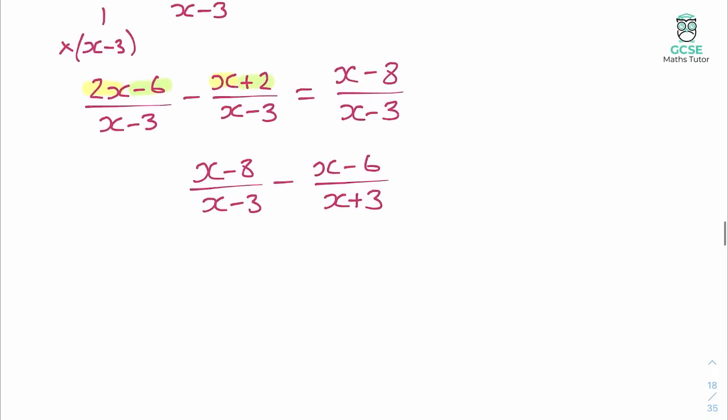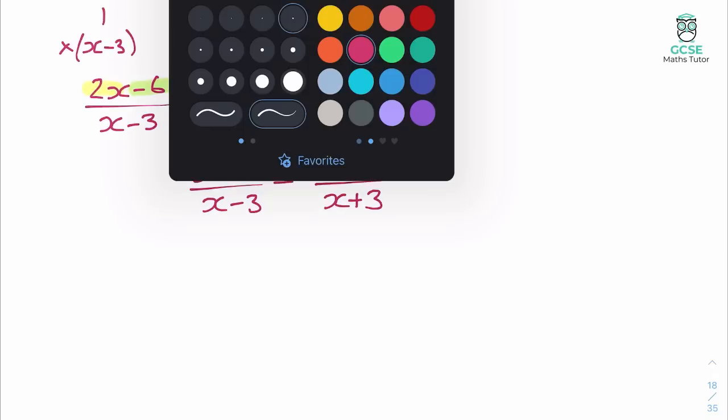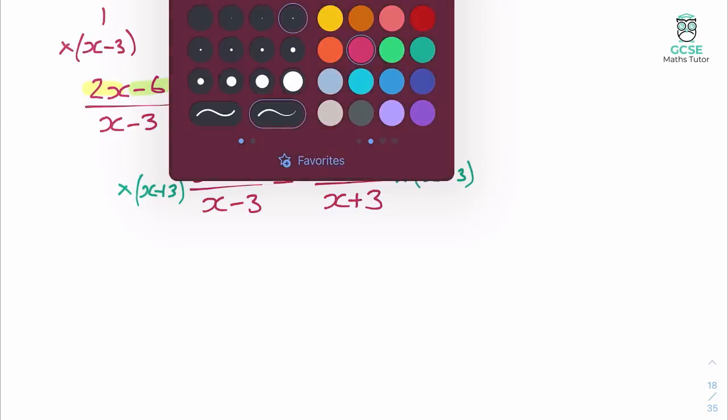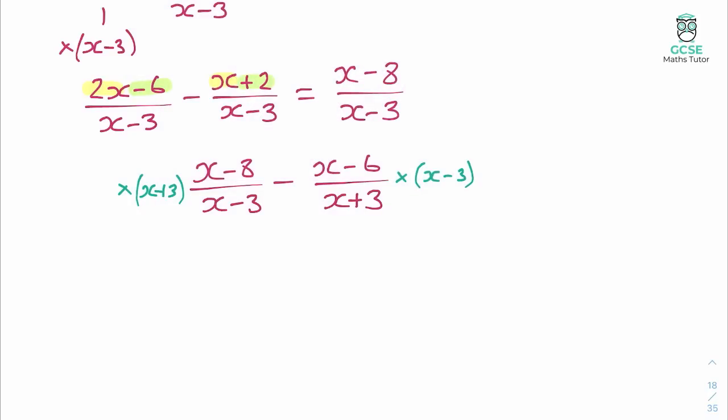Okay, so let's work that out. So we need to make a common denominator again. So we're going to times this side by the x plus 3. So times x plus 3. And we're going to times the right hand side by x minus 3. Now obviously I'm going to skip my steps here when I do my double brackets. In fact, I'll write it all out first.